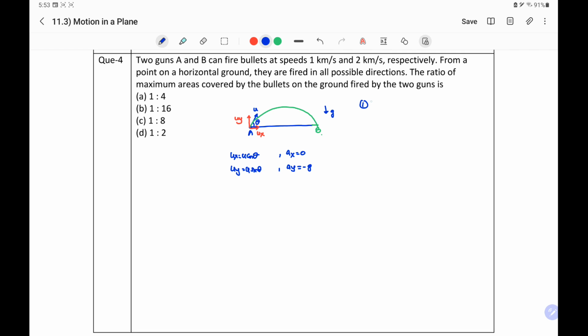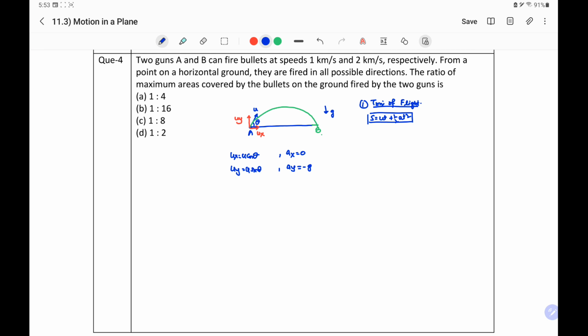First, we will find the time of flight. It is the period for which the projectile remains in air when it moves from A to B. So we will use equation of motion s equal to ut plus half at square for vertical direction.